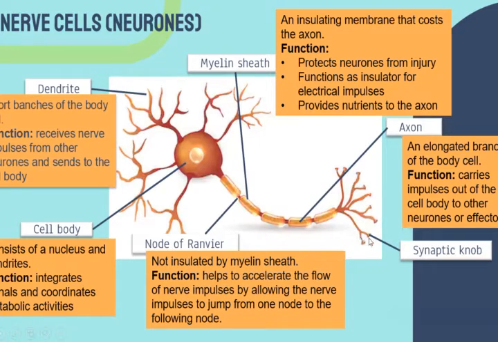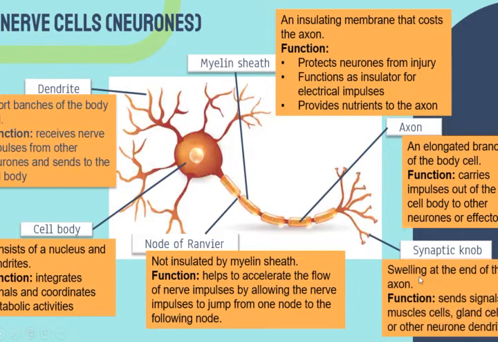This is the synaptic knob. It is a swelling at the end of the axon. The swollen part here we call the synaptic knob. The function of the synaptic knob is to send signals, or send impulse, to the muscle cell or the effectors, or to the dendrites of the other neuron.